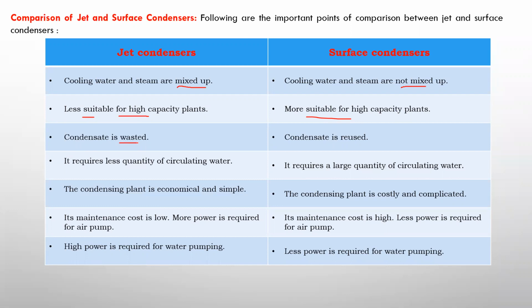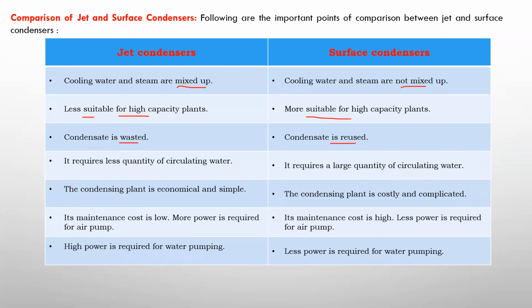In the jet condenser the condensate is wasted because we won't get a pure form of condensate, because the river water or cooling tower water gets mixed with the steam. It will be impure, because we cannot send it directly into the boiler. There once again we need to purify it. For that purpose, the maximum condensate gets wasted here.